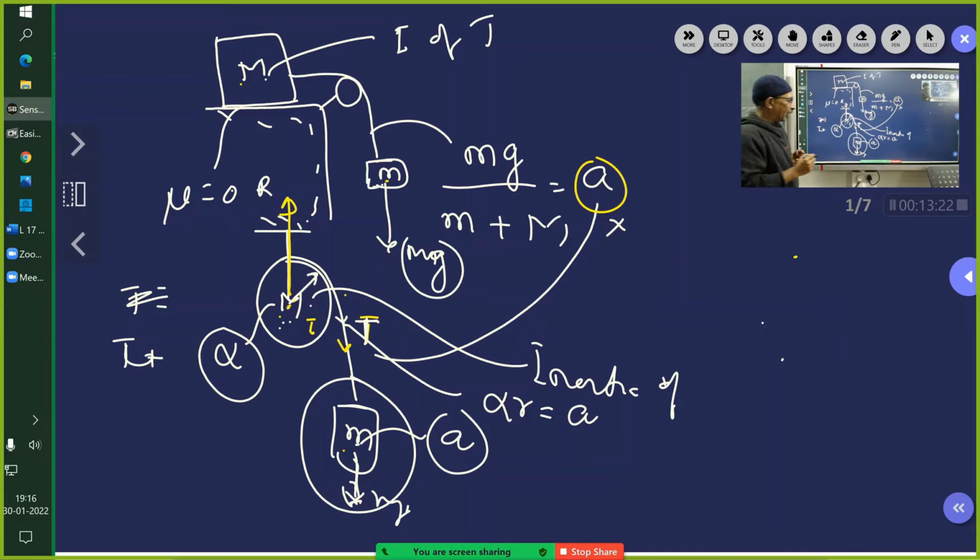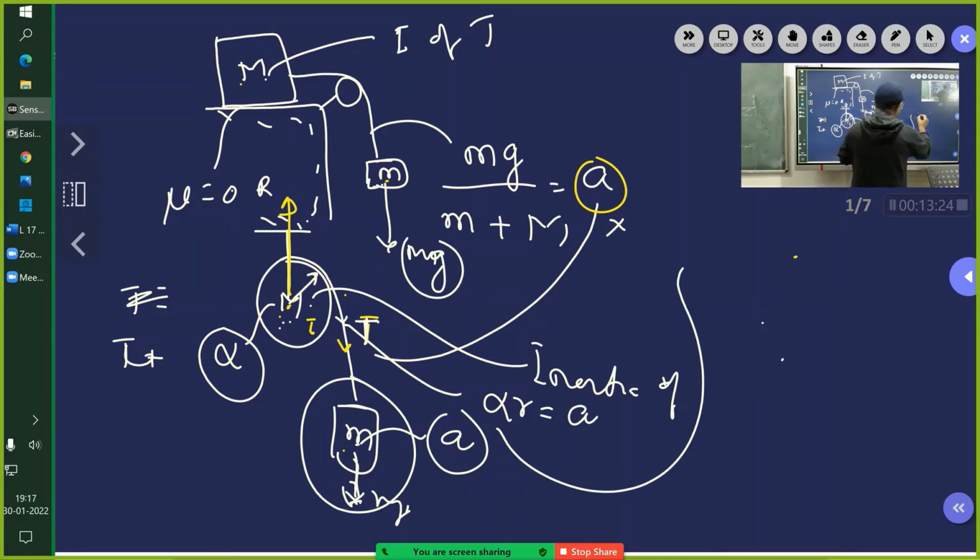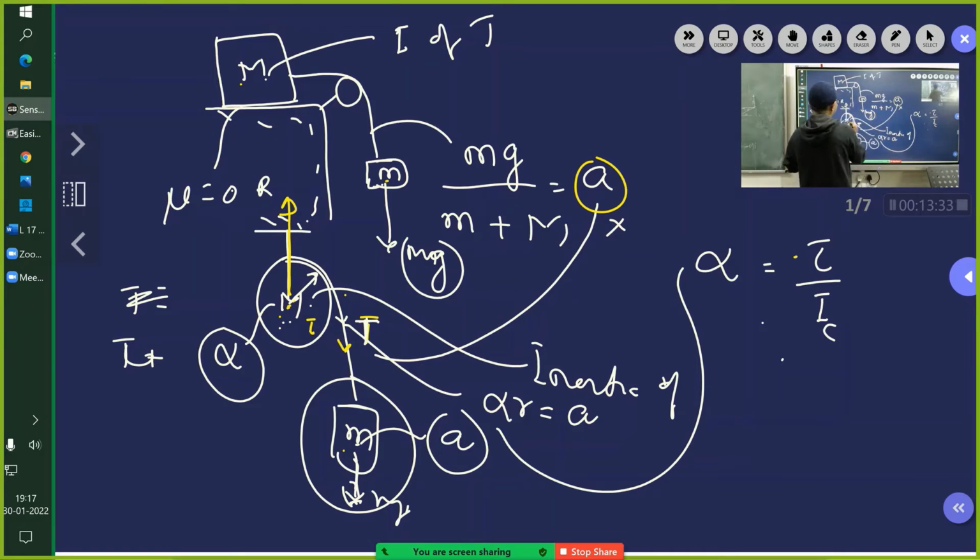Alright, friends? And this angular acceleration alpha, what is this going to be? Torque divided by the moment of inertia about C. And what is the torque that is going to act on this? The torque will be this force into this distance.